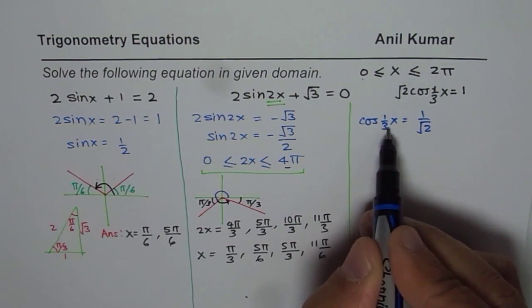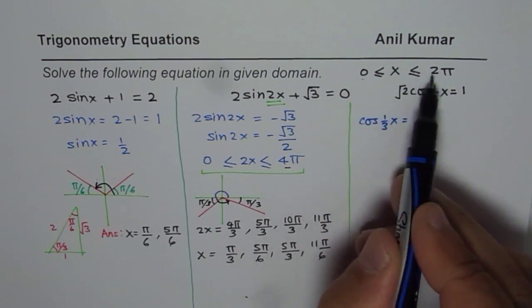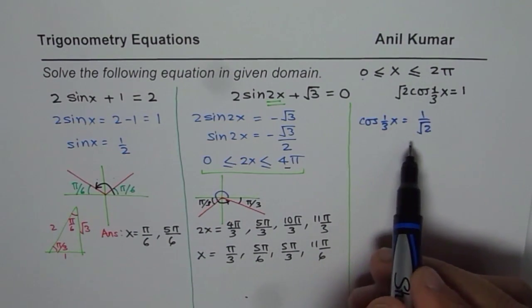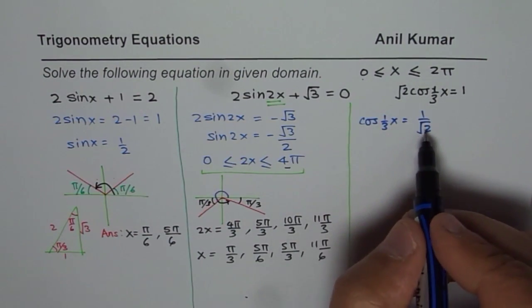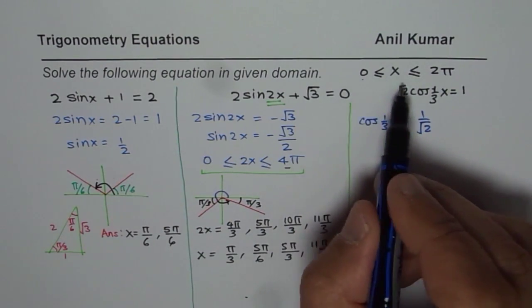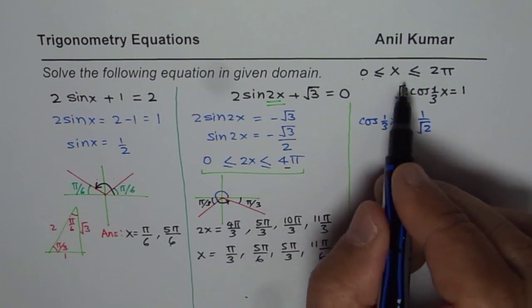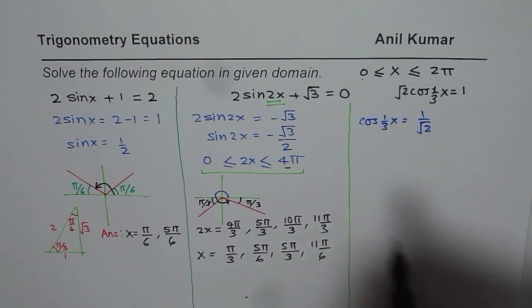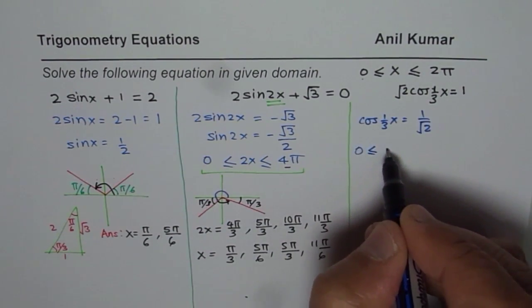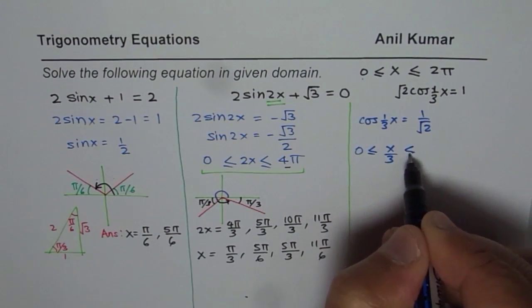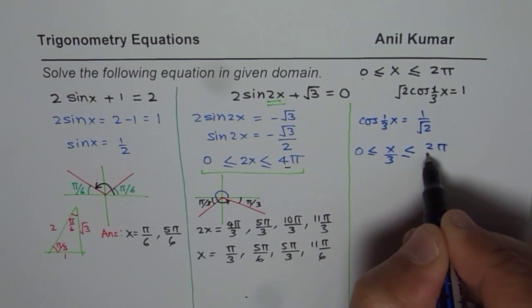Now when you have 1 over 3 x, then this domain changes to 1/3, right? And as far as the acute angle is concerned, you know it is pi by 4. So if you divide this by 3, so you get what? Your domain changes, so x over 3 is less than 2 pi by 3.